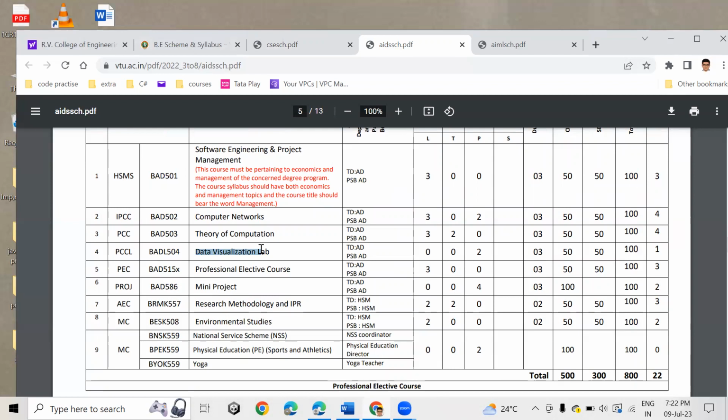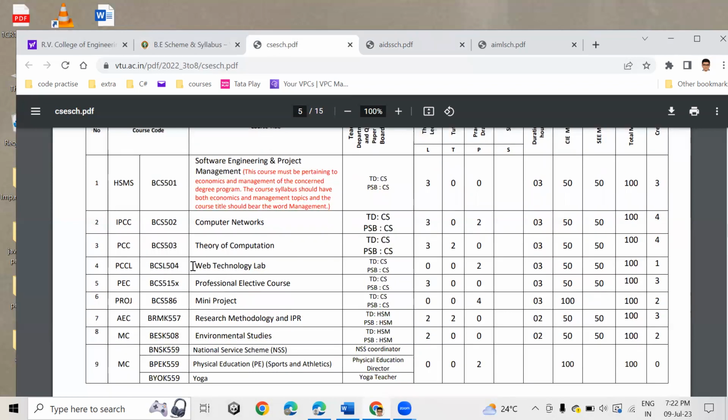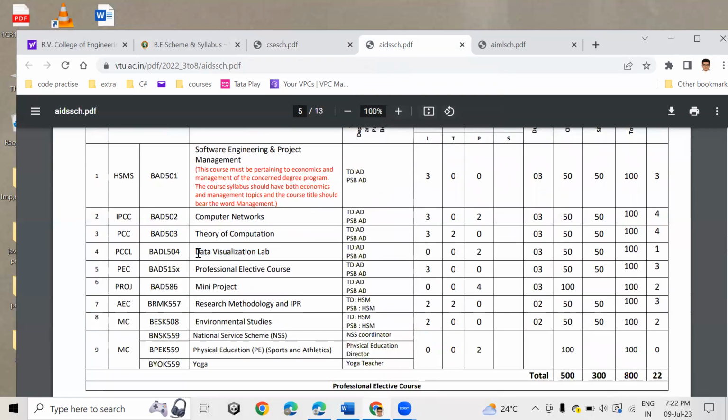So this is the fifth semester syllabus, and over here you can see that web technology, which is there in computer science, is not there here. Here you have the data visualization lab, which is very important if you're doing data analytics. Then obviously you need to do some interpolation with the graphs, and this is very important here.